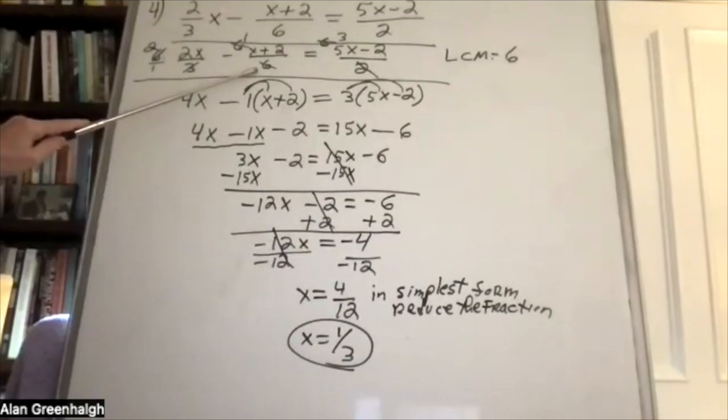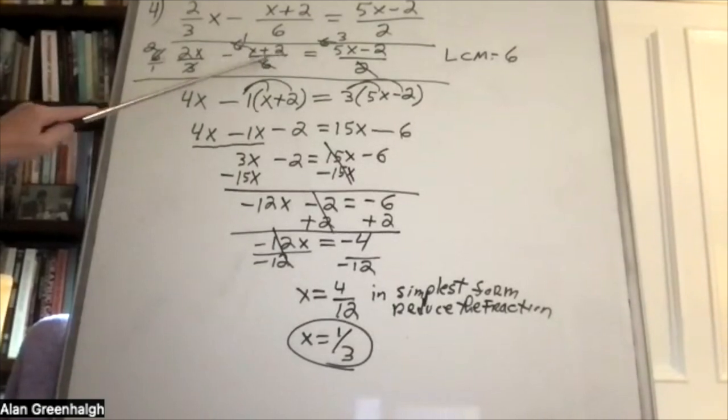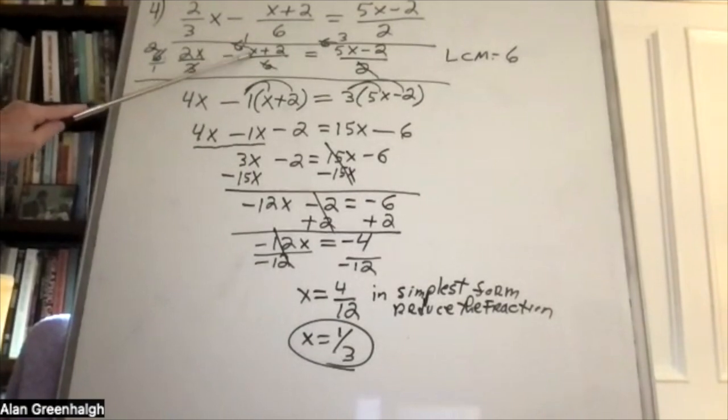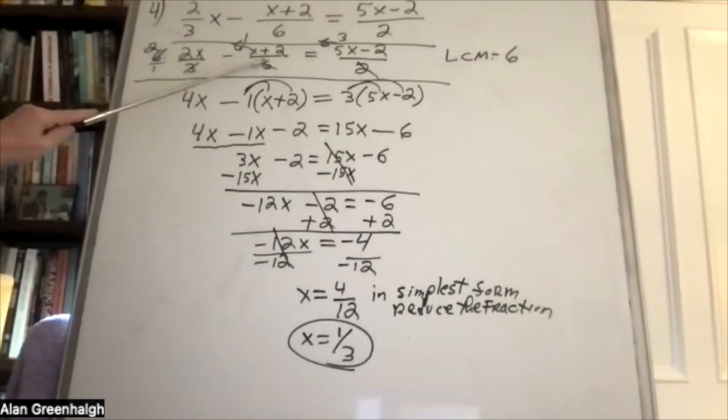Really? -x/6 plus 2/6? Yeah, I split them up into two separate fractions. Yeah, but I understand that, but I want to get the signs correct here. You made it -x/6 and +2/6, as opposed to -x/6 and -2/6.